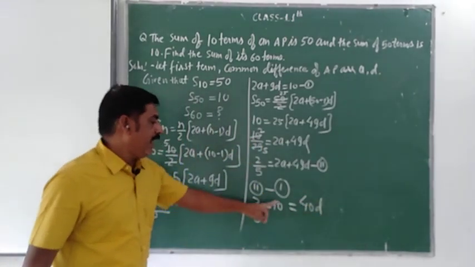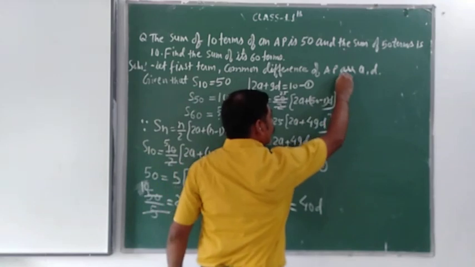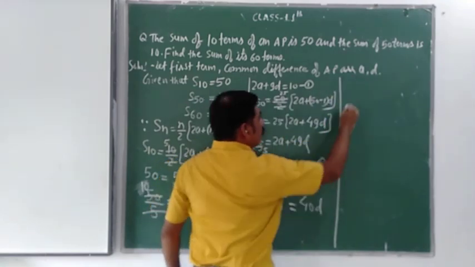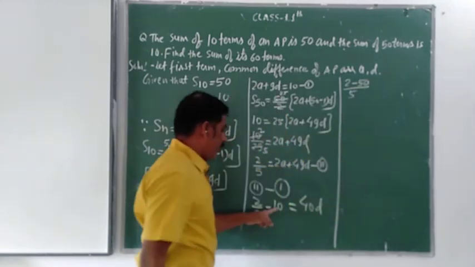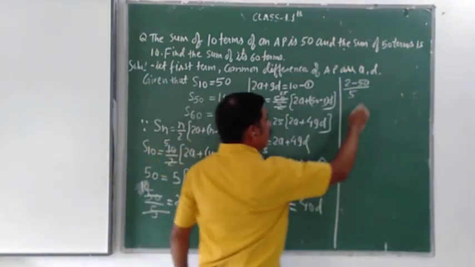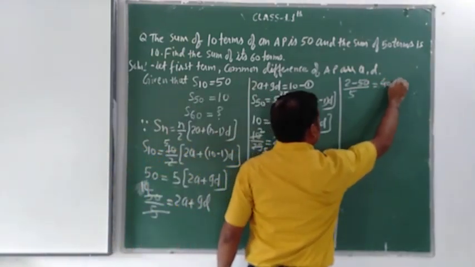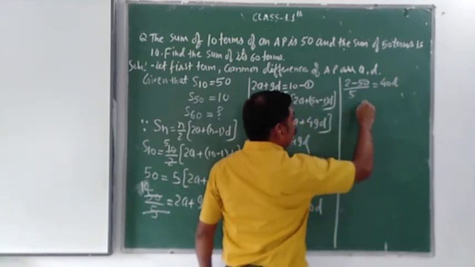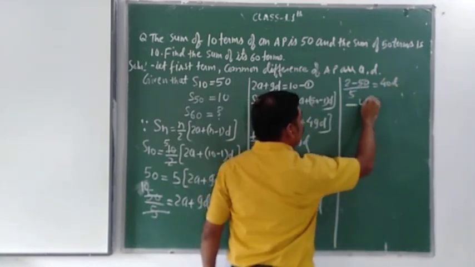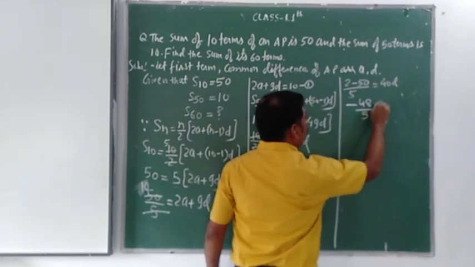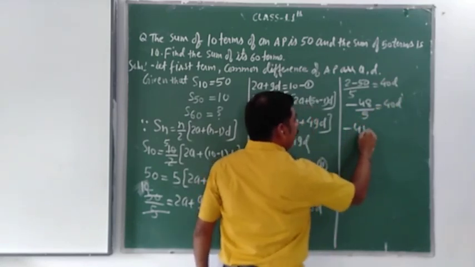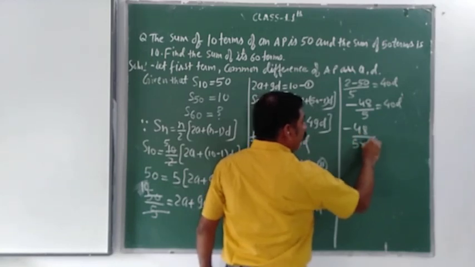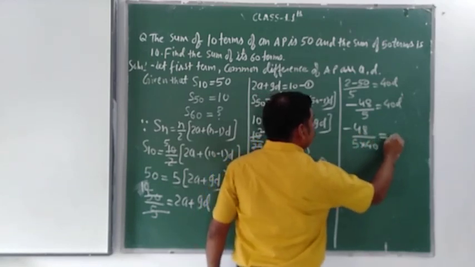Now taking LCM, 2 minus 50 upon 5 is equal to 40d. So minus 48 upon 5 is equal to 40d.